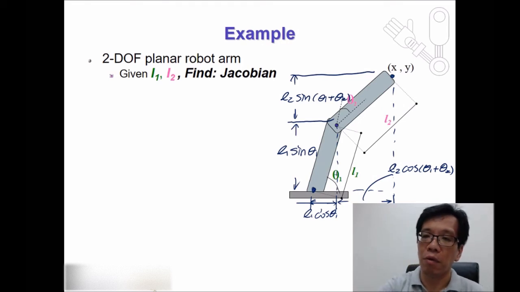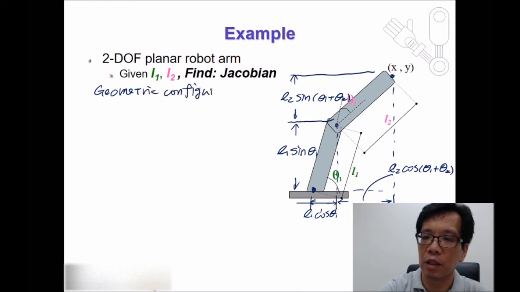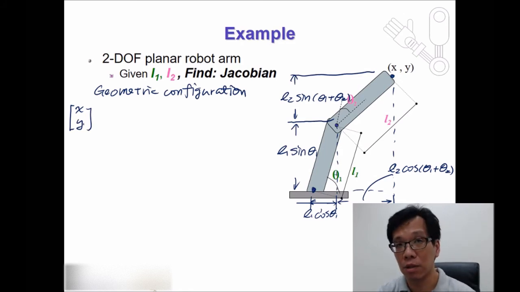So the geometric configuration can give us x, y. We're talking about the position only, because we haven't dealt with anything related to velocity yet. We just write down the relationship from theta 1, theta 2 to x and y, which is the position here.